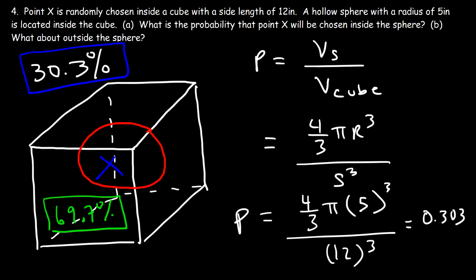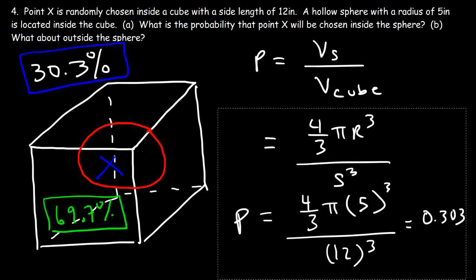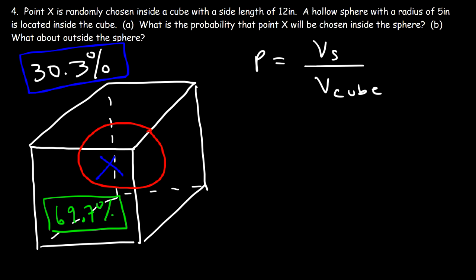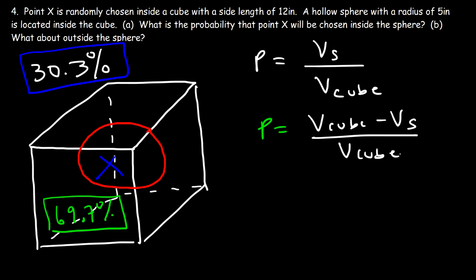Now the equation works this way for the second part. The probability of finding point X outside the sphere is the volume that's outside the sphere but inside the cube. So that's the volume of the cube minus the volume of the sphere divided by the total volume of the cube.